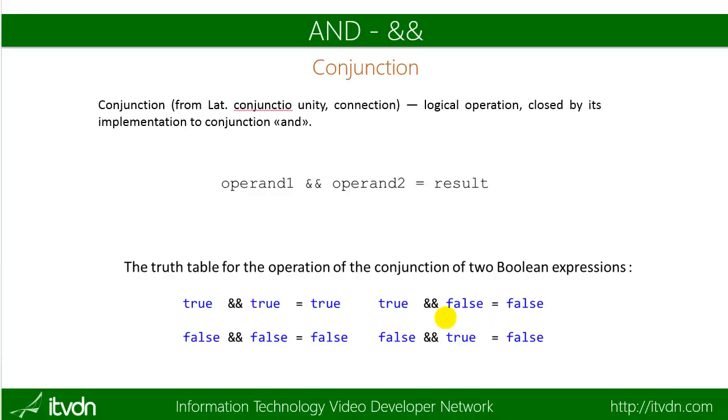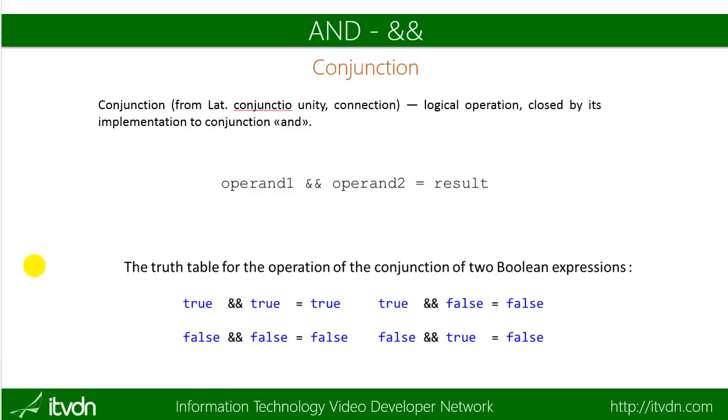If even one of them is false, you'll always get false. Let's take a look at this and see. True and true, true. False and false, false. True and false, false. False and true, false. So we only have one true result. All other results are not true. So when you use these two ampersand signs, it means that both of your statements have to be true for you to get a true result.